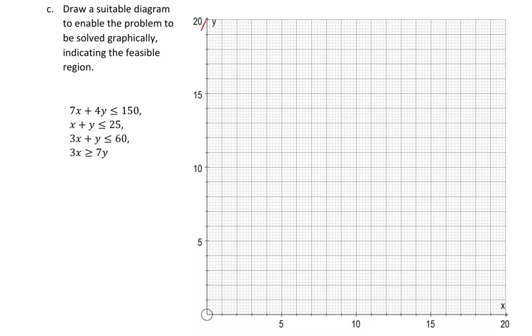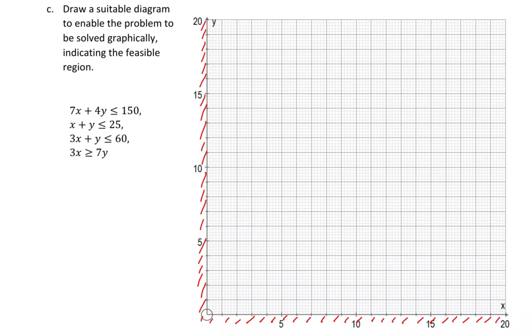So I can immediately shade in x is greater than or equal to 0 and y is greater than or equal to 0. Okay, so the non-negativity.